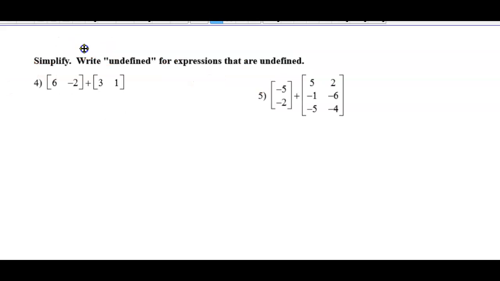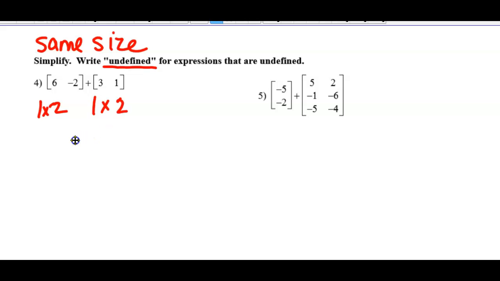All right. Now, you can add or subtract matrices if they are exactly the same size. Otherwise, you write undefined. So these are the same size. This is a 1x2, and this is a 1x2. So you can add them.